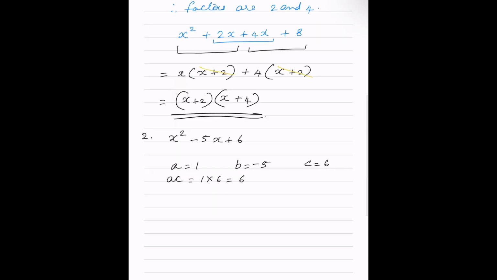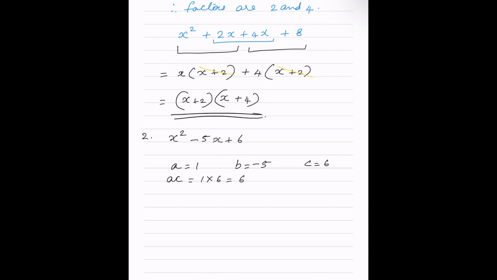Now, AC is positive. When AC is positive, factors will be of the same sign. Both the factors will be either positive or negative. Look at the sign of B. B is negative. Since B is negative, I need to understand that both the factors are going to be negative.